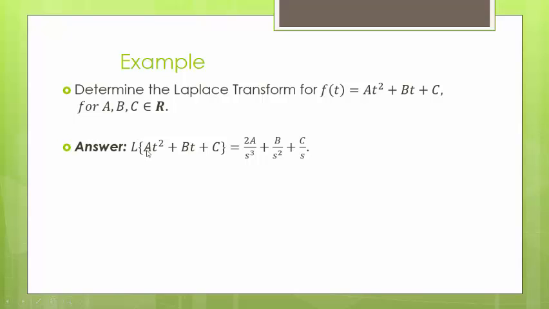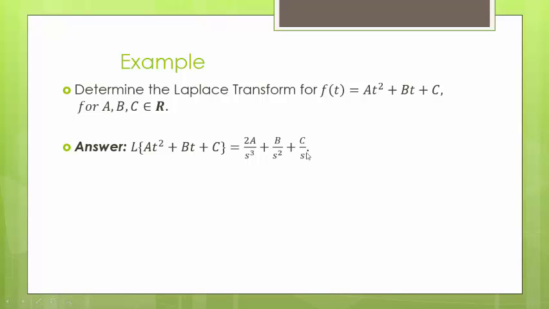Interesting. The at squared. So I don't quite have a derivative there, but you'll notice that t was squared and I ended up with a 2a. And in the denominator I have an s cubed, so 1 power greater than the squared term. For bt I have b over, so you could think of the derivative of t as 1, so 1b, and then the power of s is 1 greater than that.